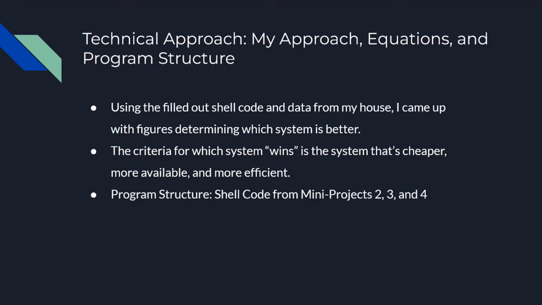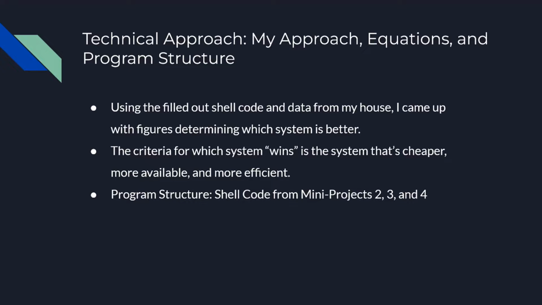As for technical approach, my approach was to use the filled out shell code and data from my house. I came up with different figures to determine which system is better.